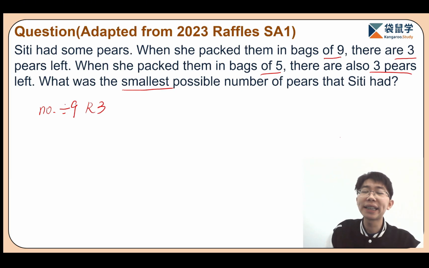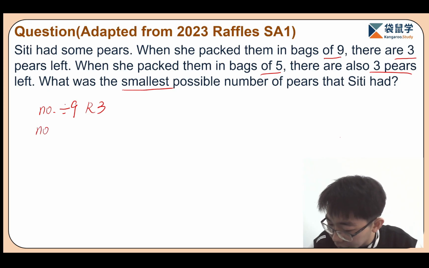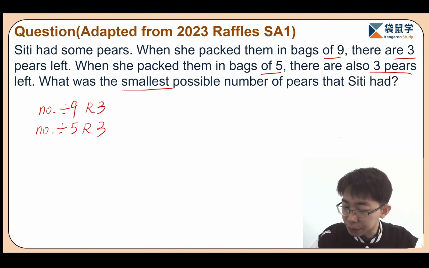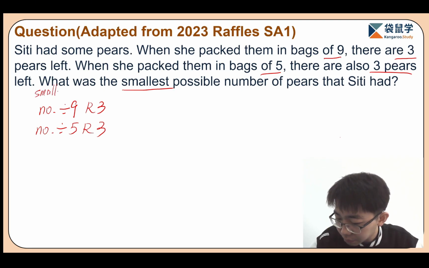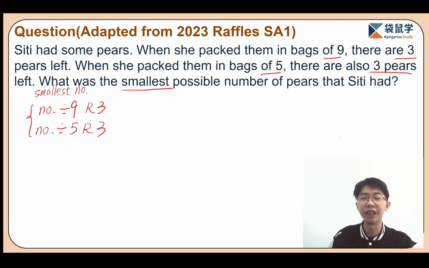Similarly, when she packed them in bags of 5, there are also 3 pairs left. What does that mean? That means the number of pairs when divided by 5 also has a remainder of 3. We are trying to find out the smallest possible number that satisfies these two conditions.